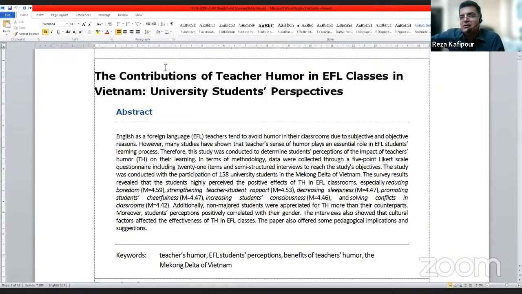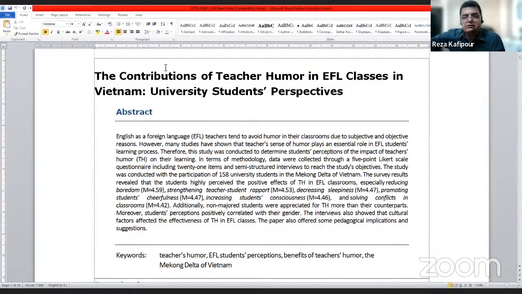We call them culture-bound issues or culture-bound factors. So when we are talking about humor, many factors are involved in, let's say, advantages and disadvantages, or effectiveness and not being effective in teaching.